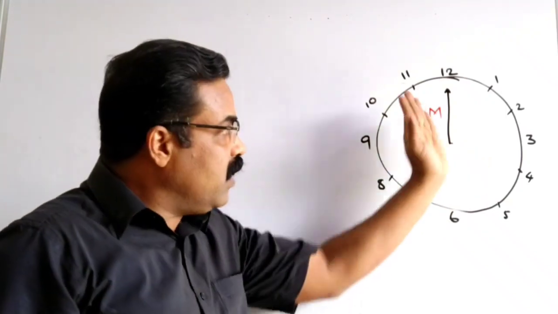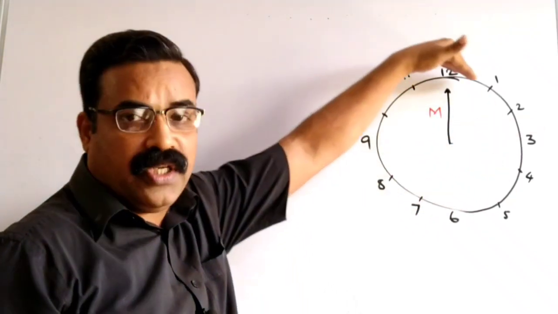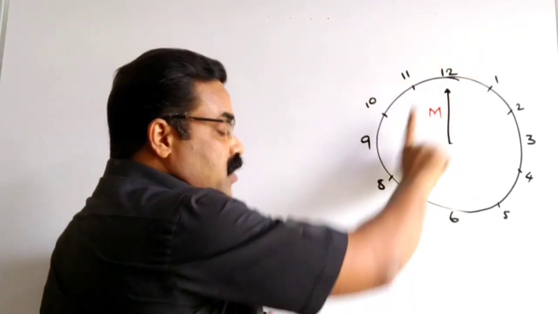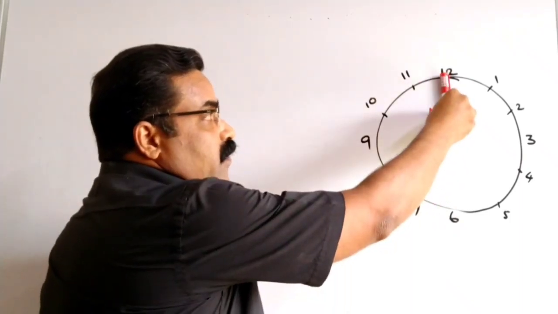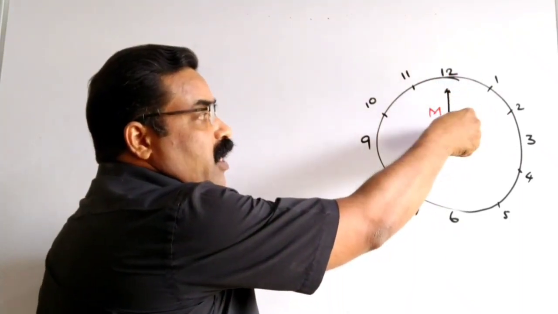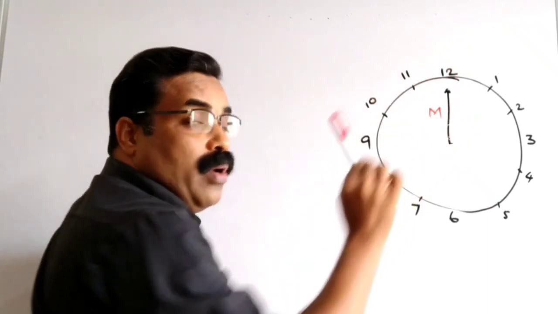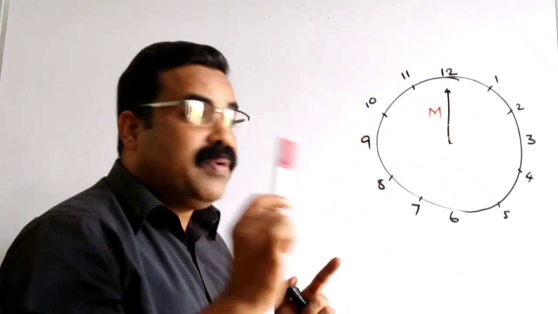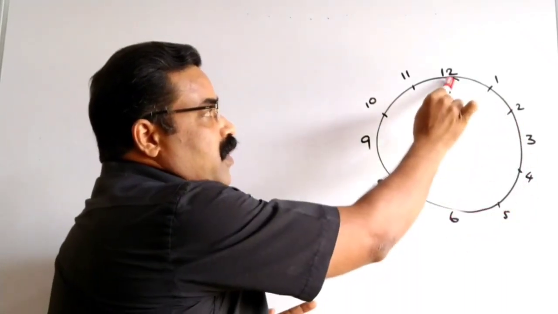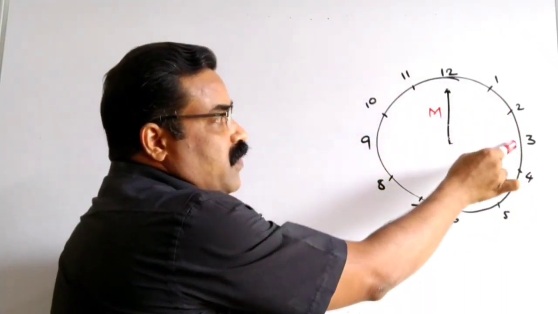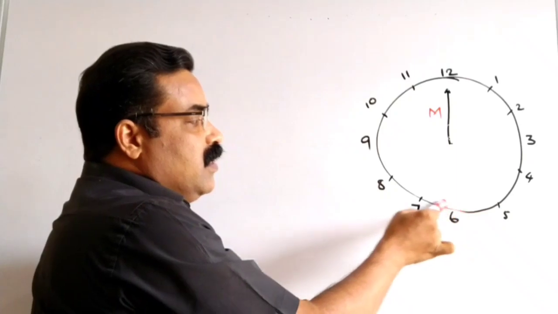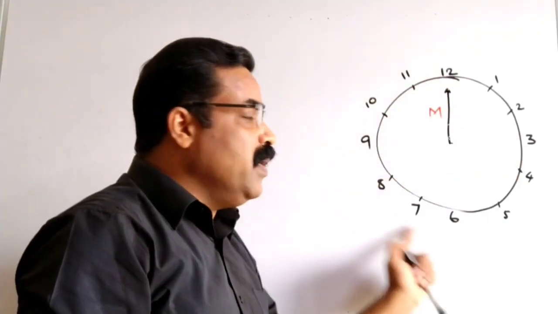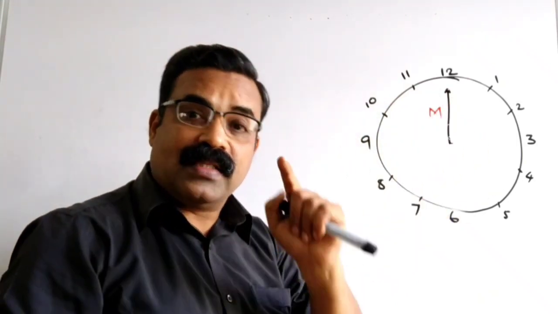When the minute hand completes one full rotation, understand very clearly, it starts at 12 and comes back to 12, and it completes 60 minutes. From here, 5 minutes, 10, 15, 20, 25, 30, 35, 40, 45, 50, 55, 60. So one complete rotation is 60 minutes.